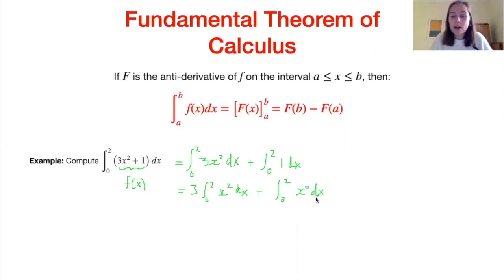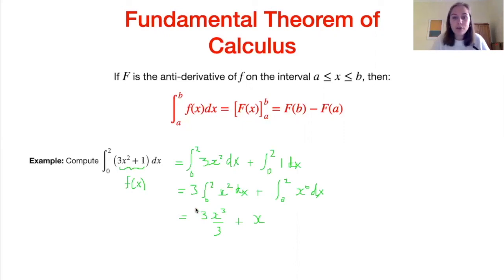Then using our formula for the integral of x to the n, we see that this is equal to 3 times x cubed over 3 plus, for that second integral, x to the 1 over 1, so just x. So this is our antiderivative. We've just found the integral of our whole function.